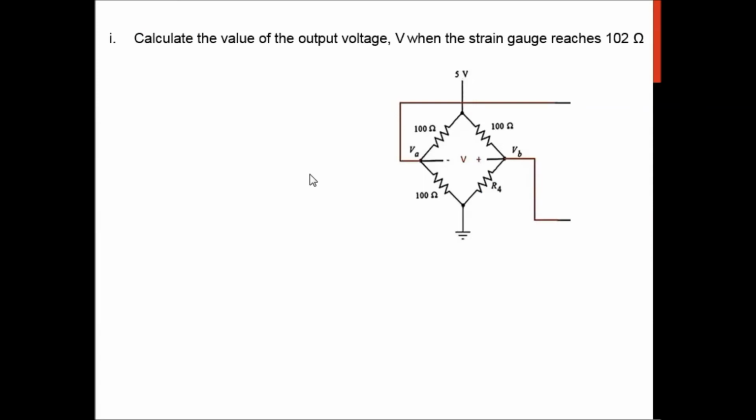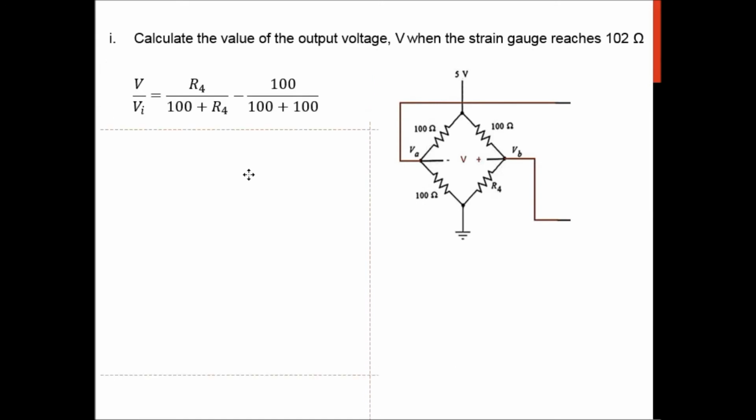The first part of the question asks about the value of V. You have to go back and look at the strain gauge sensor and how to calculate the output voltage V. Since the positive terminal is here, R4 will be the numerator and this term will be the first term, minus this term over here.